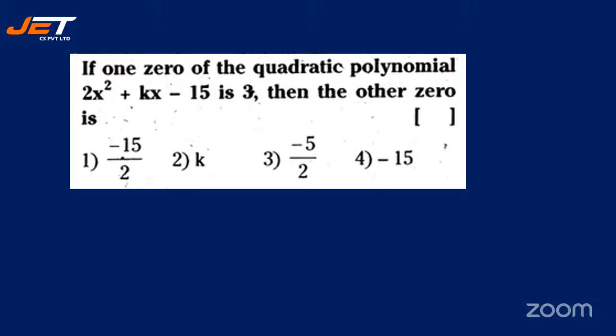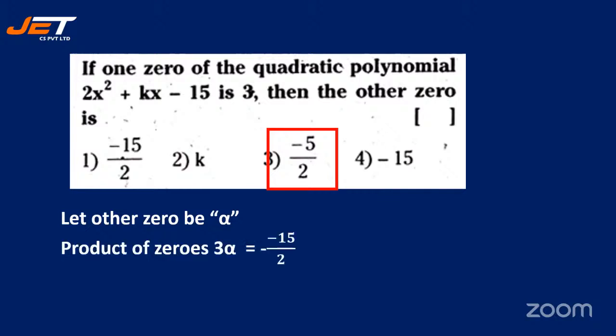You can quickly give the answer for this. Let me see how many have given it. 2x squared plus kx minus 15. Let's see the answer so that I can explain. Let the other zero be alpha. Because one zero is given as 3, the other one is alpha. So what is the product?